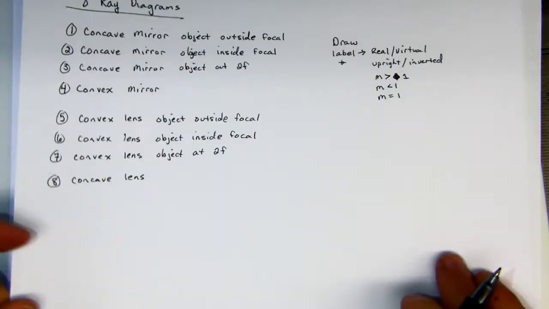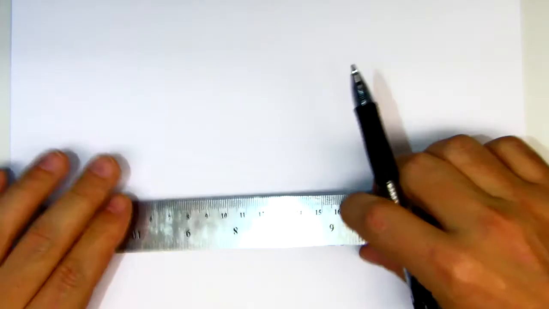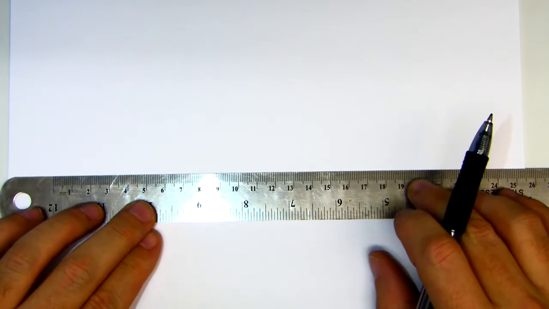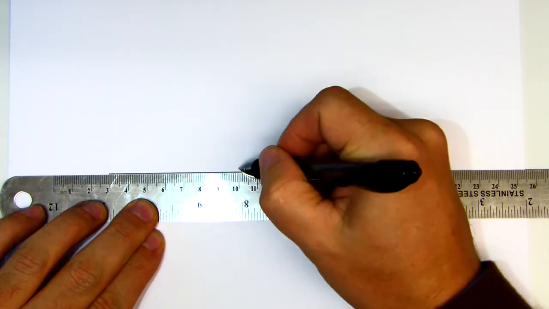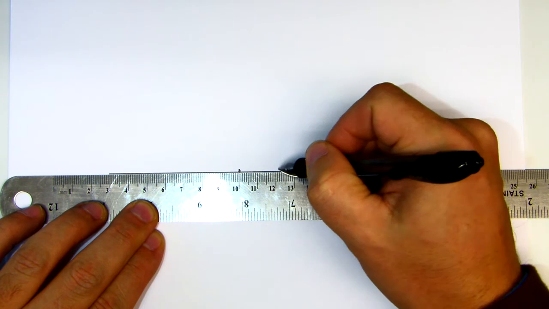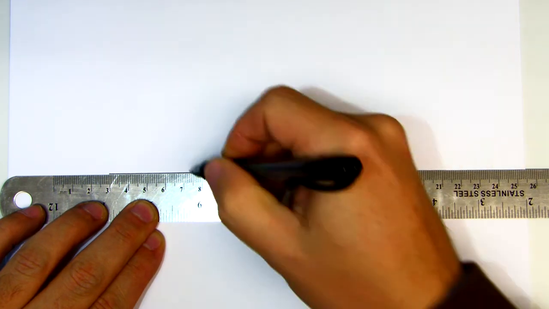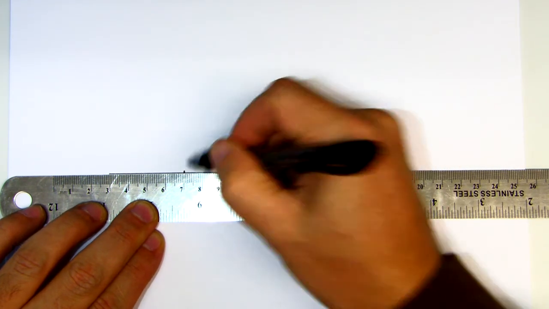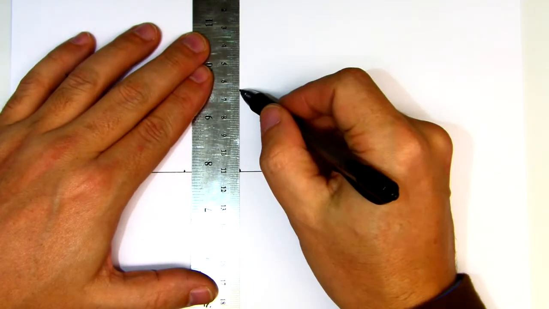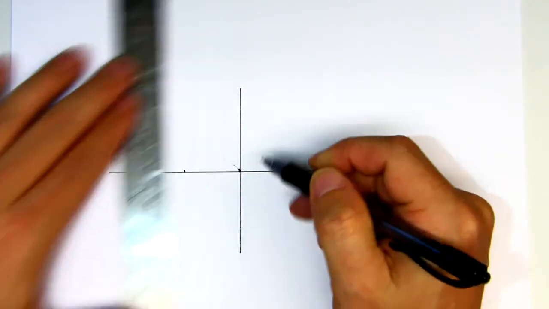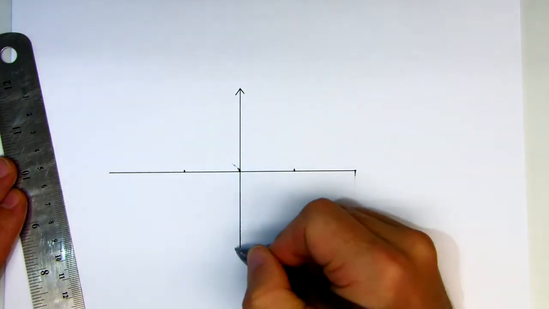Now we're going to do convex lens, object inside the focal. And I'll try and get my focals a little bit better here. So I'll put my lens here, and I'll put my focals at 3 centimeters away from that. So there's my lens. Convex.